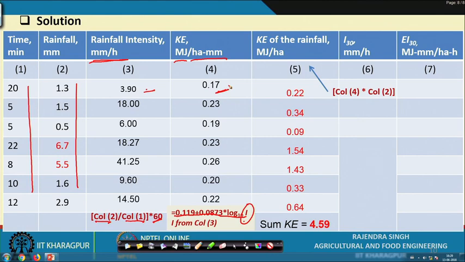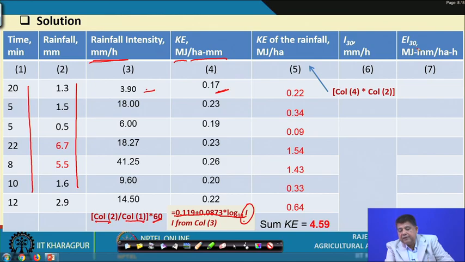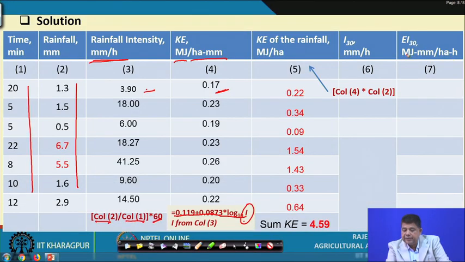But you remember the unit of EI30 is megajoules millimeter per hectare per hour. That simply means E is used in megajoules per hectare and I30 is in millimeter per hour. So, the kinetic energy, which is in megajoules per hectare millimeter, has to be converted into megajoules per hectare.